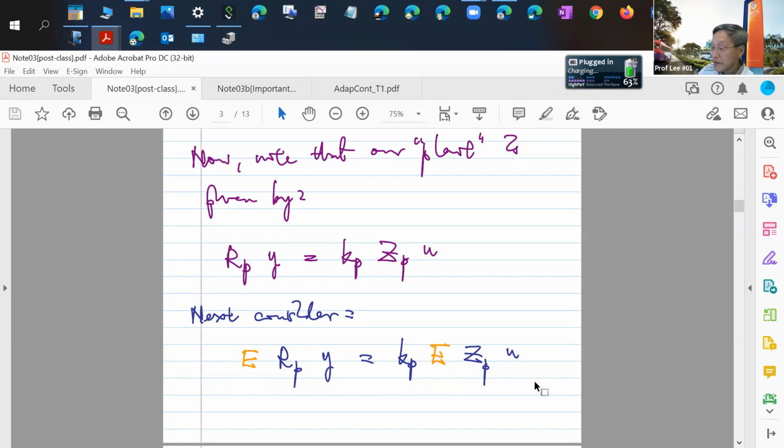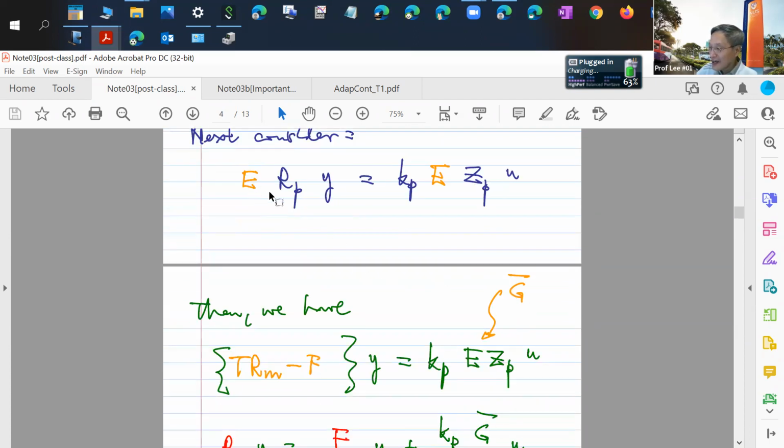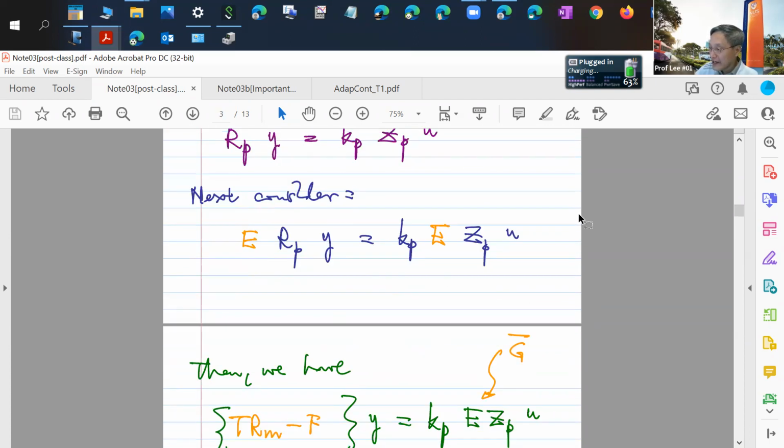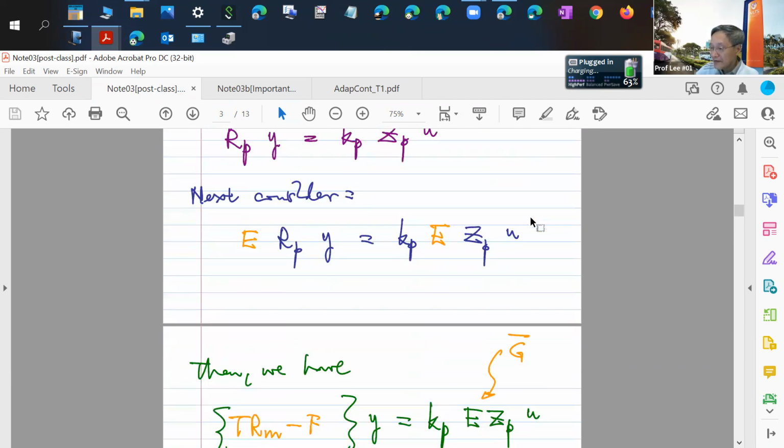But as I told you, be very careful, because there have been attempts to do adaptive control directly using this, and it really looks scary and wrong. Anyway, here we're very careful. With that, we have this. Since I write it like this, I can go back to the polynomial identity, use it and rearrange.